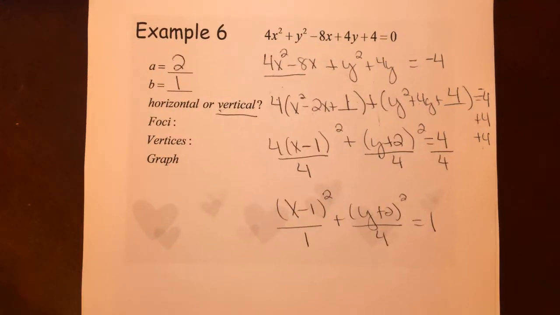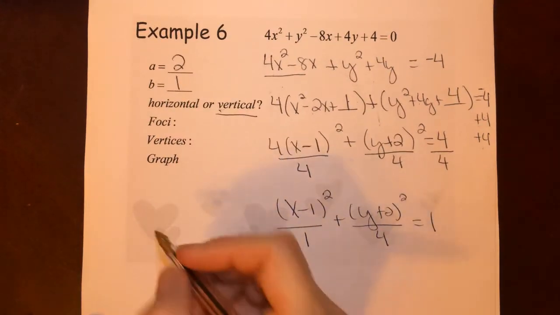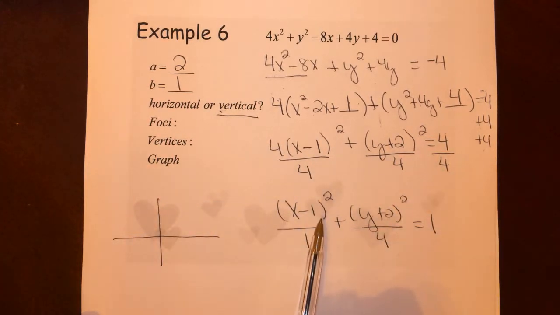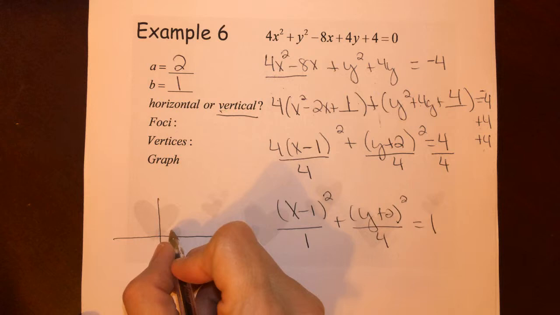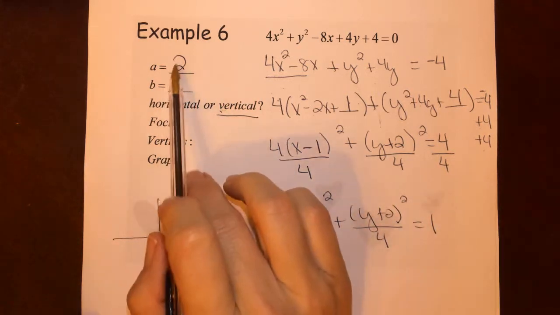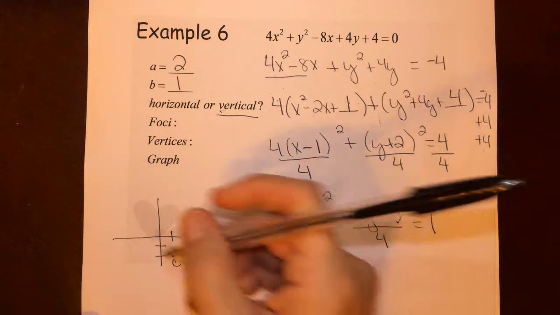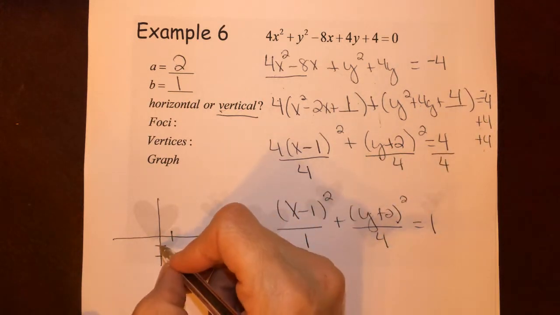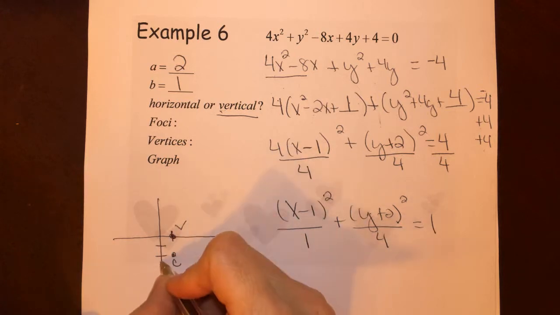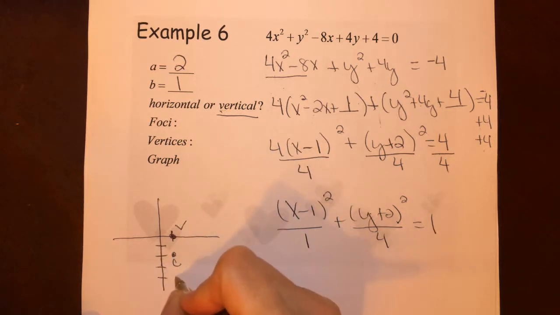From here, I'm going to graph it so I can find all my missing information. So I'm going to have a center at 1, negative 2. There's my center. My a is 2, and it's vertical, so I'm going to go up 2. So I'm going to have a vertex right there. I'm going to go down 2.